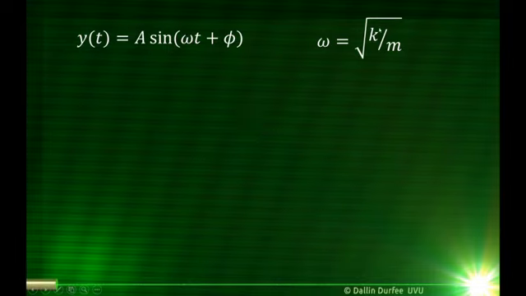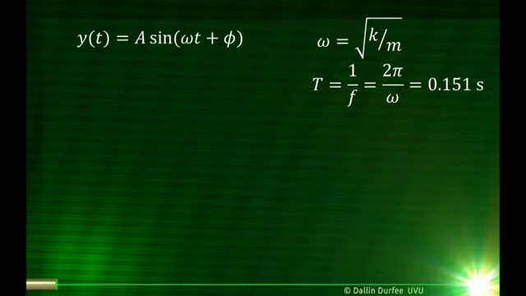I do know what omega is because I'm given K and M, and omega is the square root of K over M. Now, knowing omega, I can plug in numbers. I can find omega, and from that I can find the period, right? If I just plug in the numbers, the period is going to be 0.151 seconds. So 0.5 seconds is a little more than 3 periods. So our mass is going to oscillate a few times before the 0.5 seconds is up.